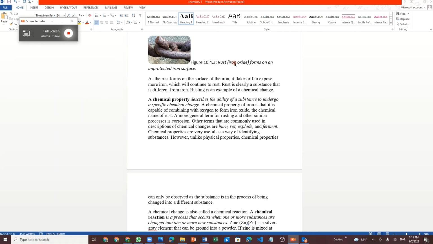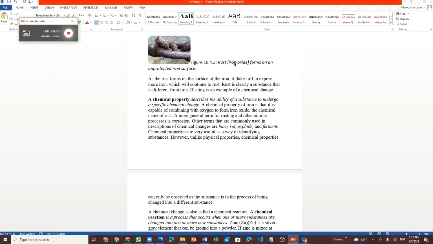Rusting of iron happens when iron comes in contact with oxygen and moisture. If we want to observe it, we keep an iron nail for a long time in a closed room, without touching it.